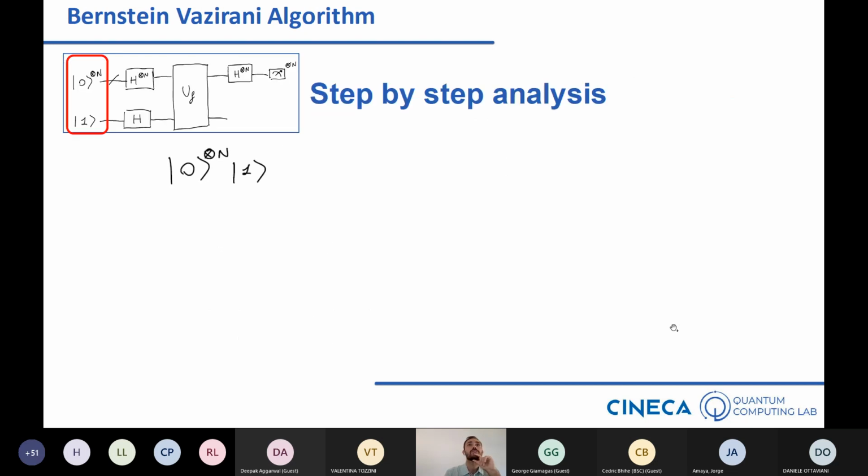Okay, so let's see how the algorithm works. As we've seen before, we start from the |0^n 1> state, which means n bits in the 0 state, and the last one in 1. This is the first register, this is the second register. The first register has n bits.